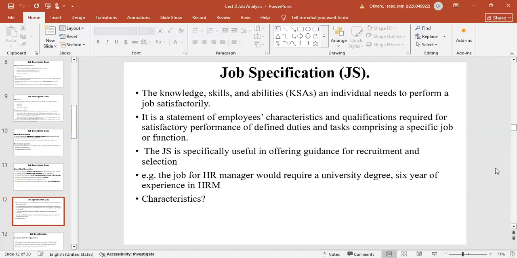Job specifications are the relevant knowledge, skills, and abilities. They are known as KSAOs. The relevant knowledge, skills, abilities, and others that you need to perform the job.